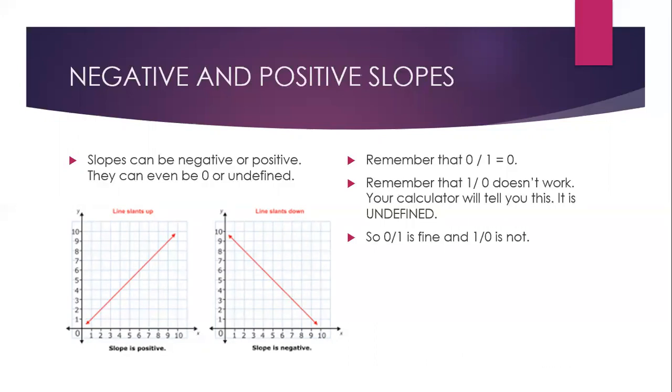Slope tells us the rate of change. How much does something change? Does it change in a positive direction or a negative direction? If it's the beginning of the month and you have a ton of expenses, your bank account is going to change in a negative direction. You're going to be losing money.